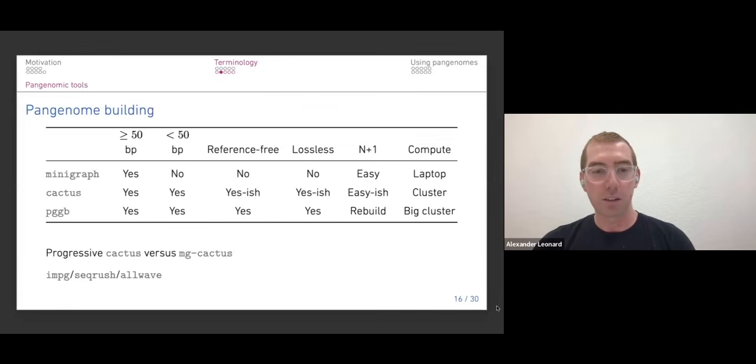Again, even in the few years that I've been doing this, things have changed quite rapidly. The original version of Cactus, more or less a progressive Cactus, has been almost entirely replaced by this Minigraph-Cactus hybrid. And PGGB is basically a wrapper for all of the steps of building a pangenome. And there's been a ton of development recently talking about implicit graphs, so ImpG, Crush, Allwave.